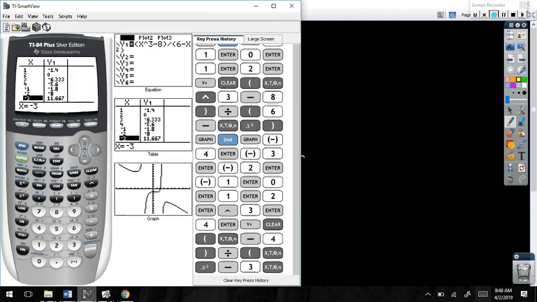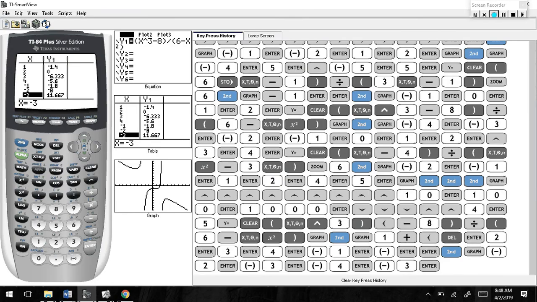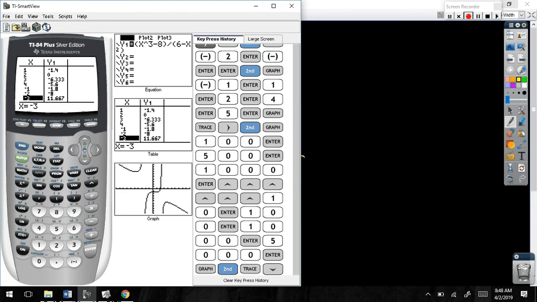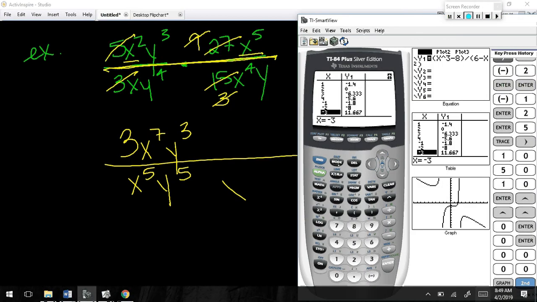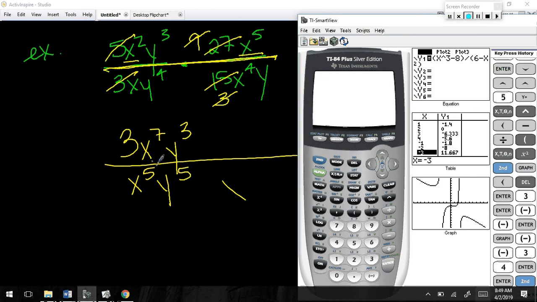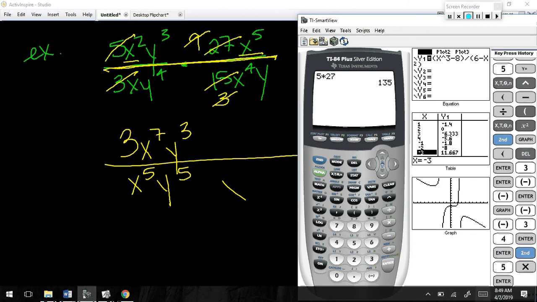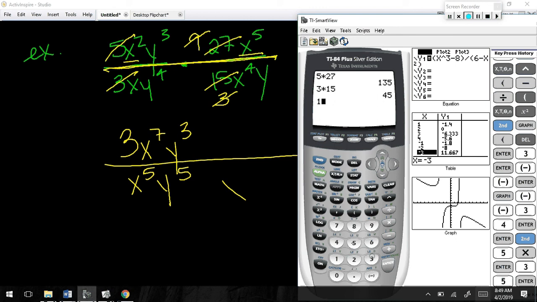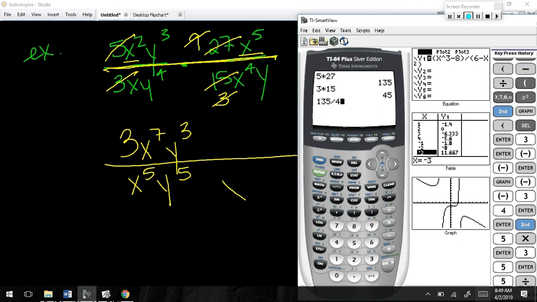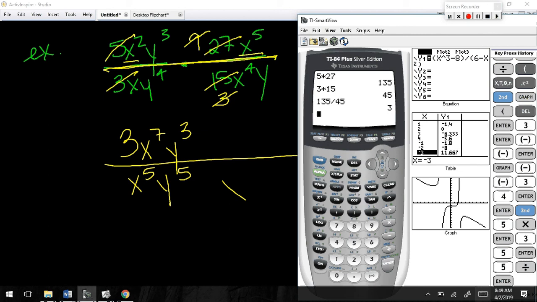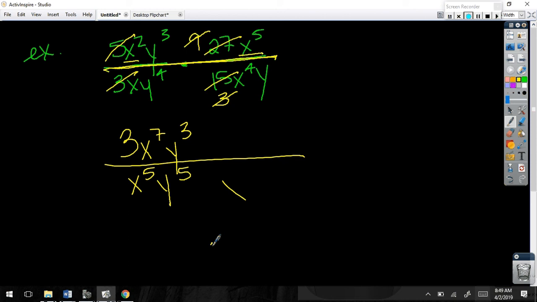If it makes more sense to you to take out your calculator and do this, if you did 5 times 27, and then 3 times 15, and 135 was on the top, 45 was on the bottom, and you got 3, that's fine also. I like to do whatever I can without a calculator, but that's just me.